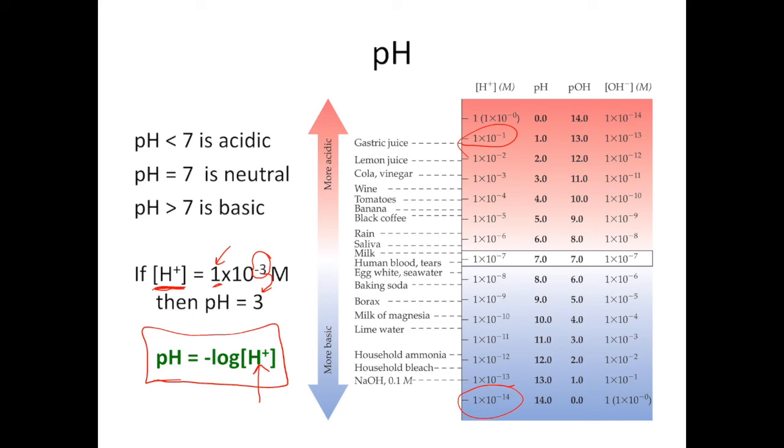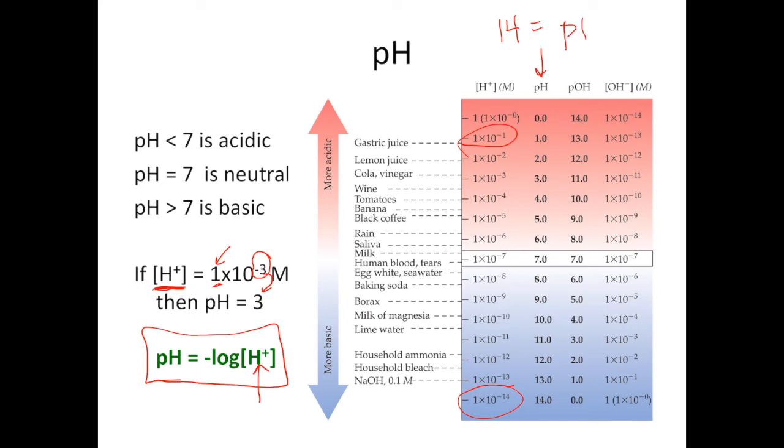pOH is the measurement of OH ions in solution. So the pOH scale, as you can see from the graphic, is like the opposite of your pH scale. We usually just use pH, but you can also easily find your pOH, which is pretty much the opposite of what your pH is.